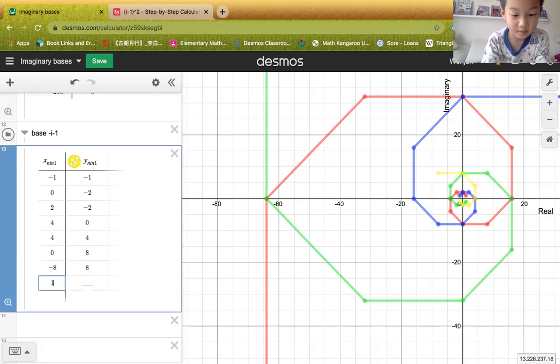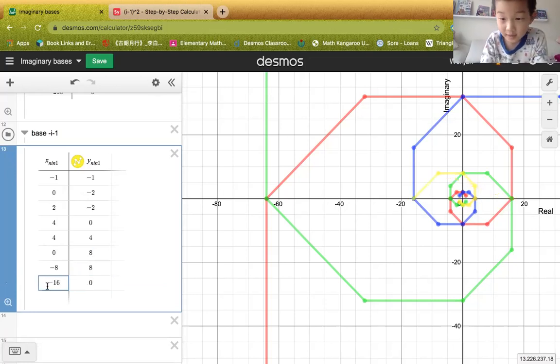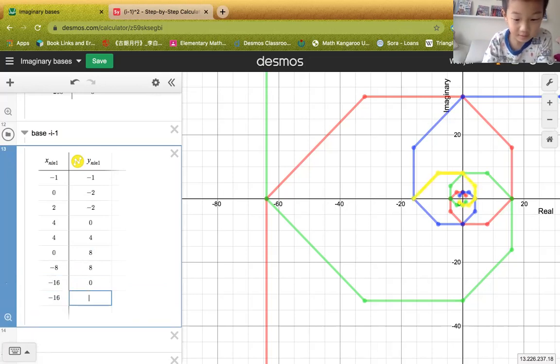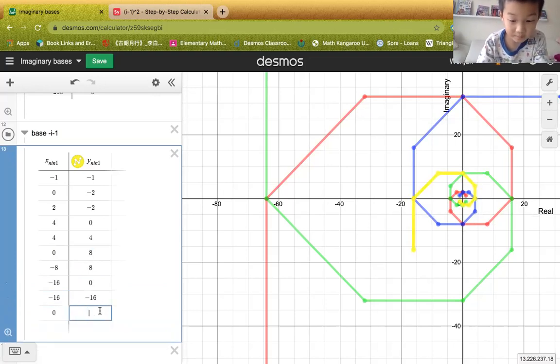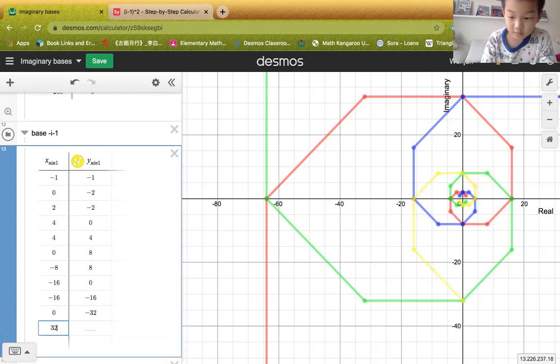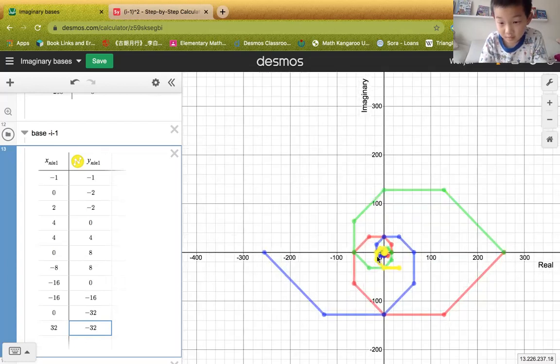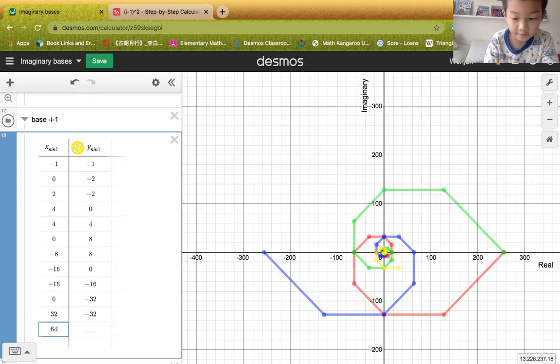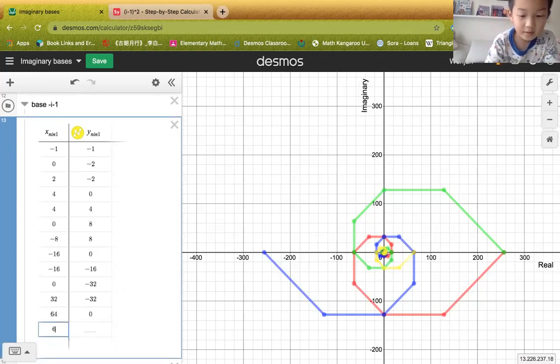Now it looks... Yeah, how come I forgot to put minus? -16, 0, -32, 32, -32, zoom out. 64, 0, 64.